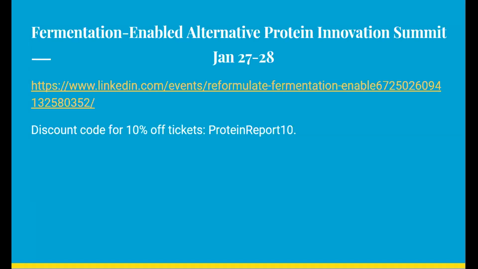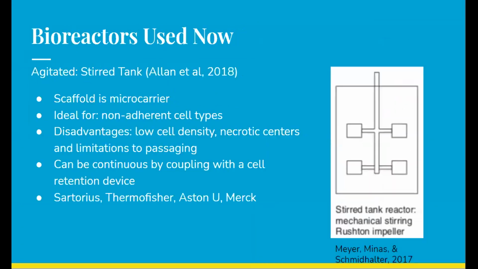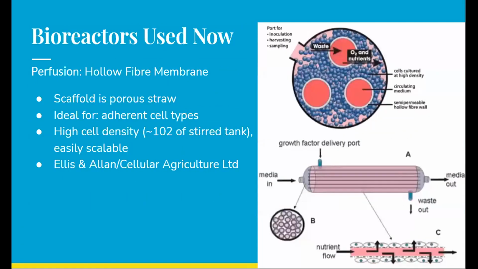Yeah, hi. I have a couple of questions. Sorry, probably I missed it, but with regard to the hollow fiber membrane, what will be the key differentiation point or advantage compared to the current agitated system? What is the main difference or advantage? High cell density.